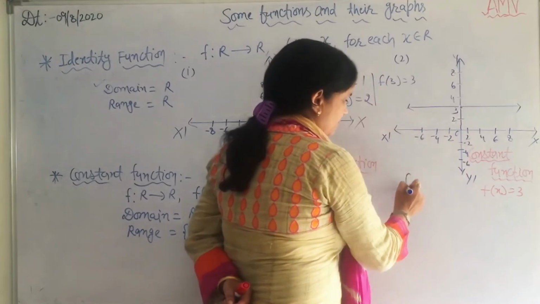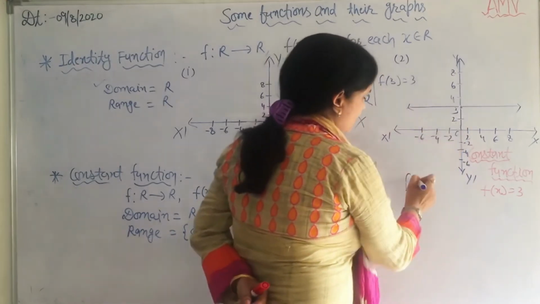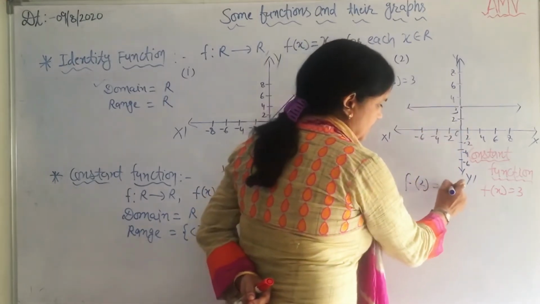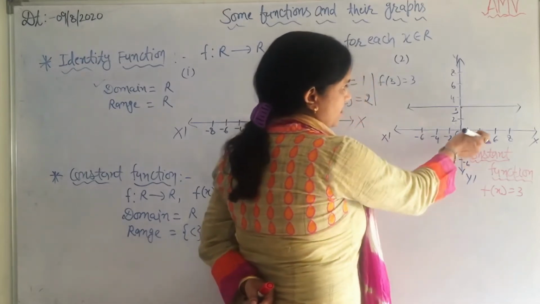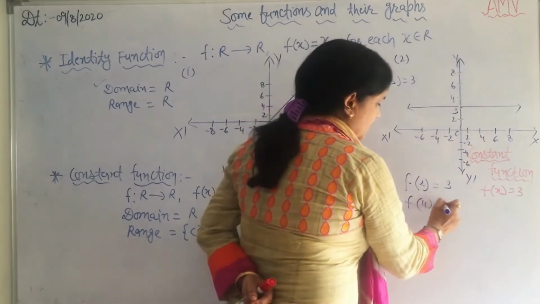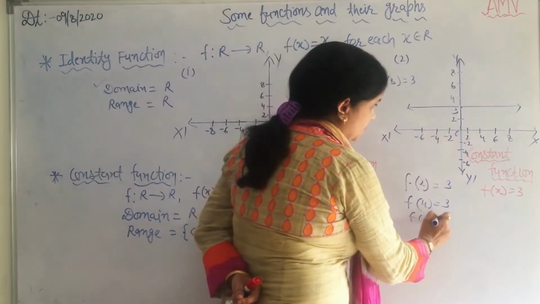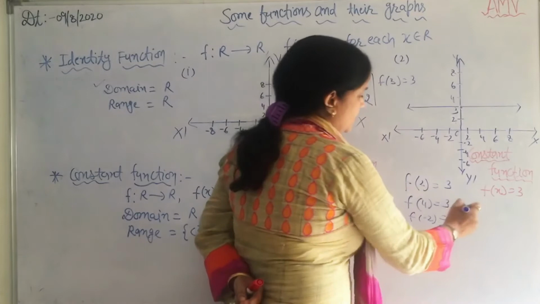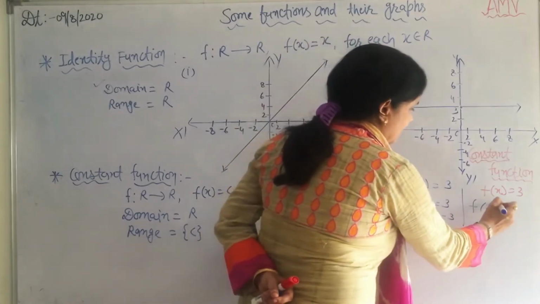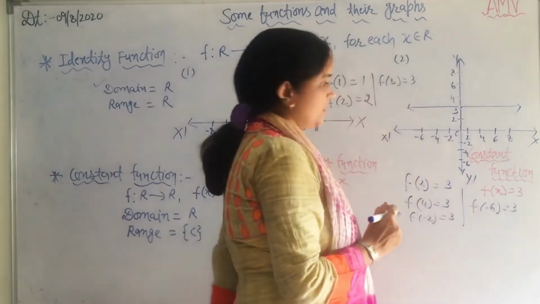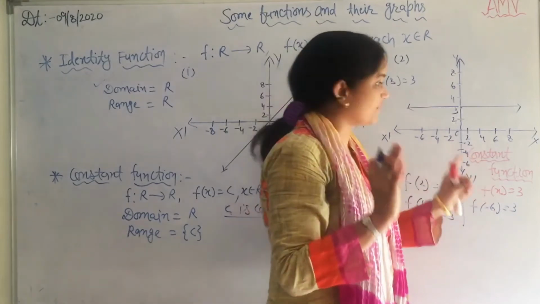It means if you find the image of 2, it is 3; image of 4, it's also 3. From here, the image of -2 is also 3, and the image of -6 is also 3. It is known as constant function.